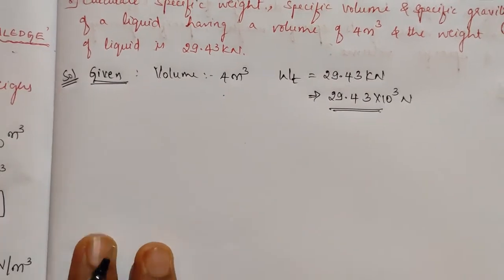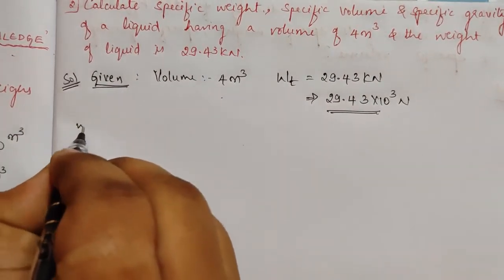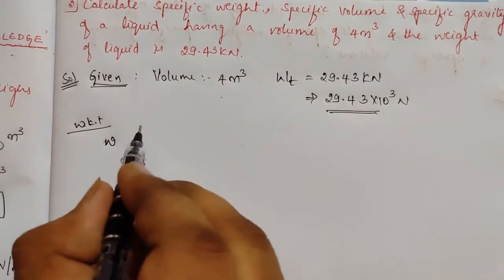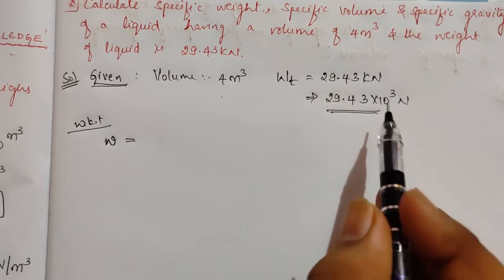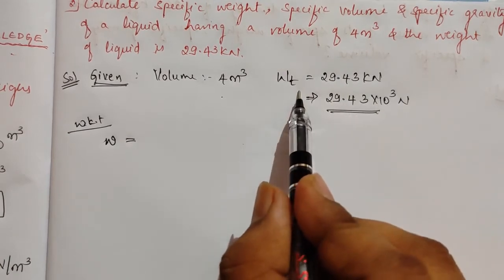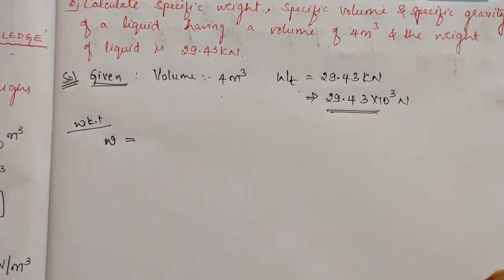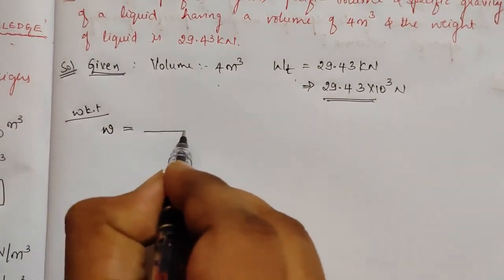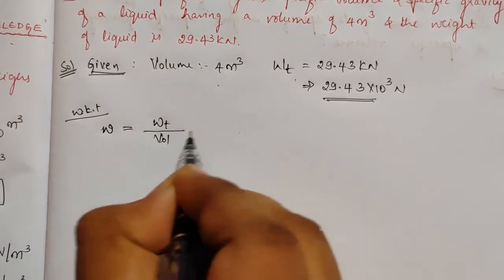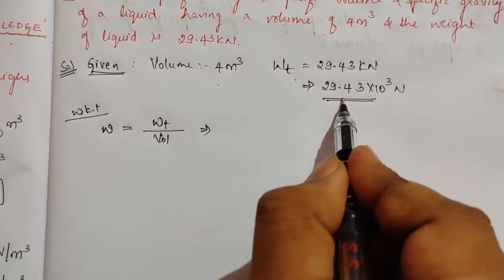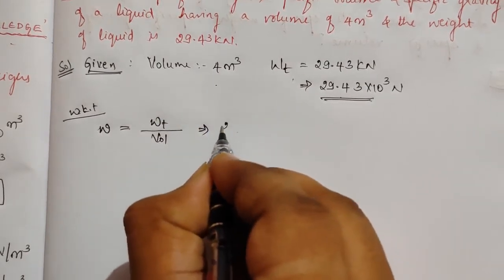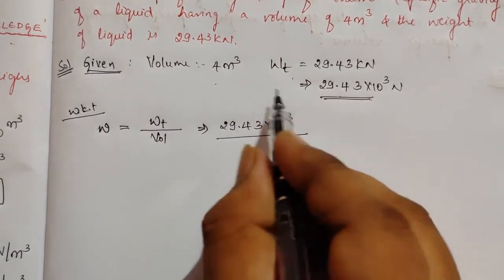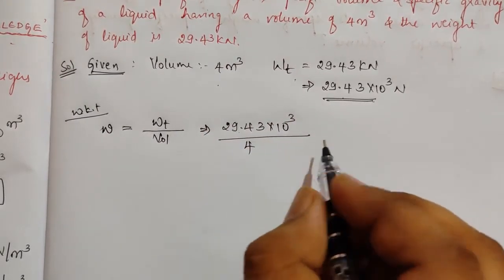With the knowledge of the formula, we know that the specific weight is equal to the weight of the fluid to the volume of the fluid, correct? So weight by volume. What is weight? 29.43 into 10 power 3 divided by volume, 4 meter cube.